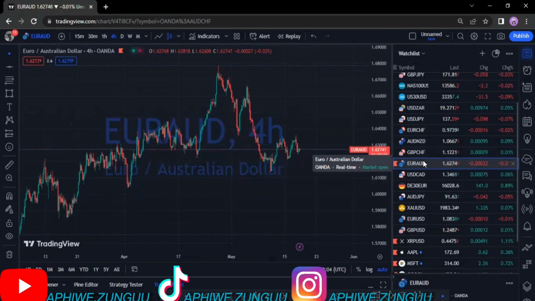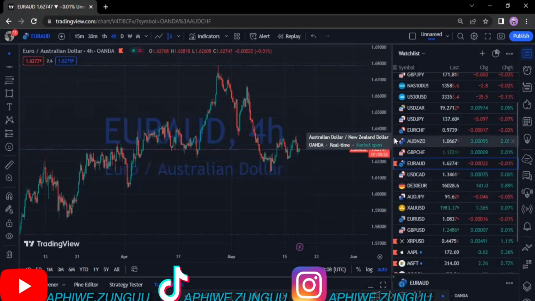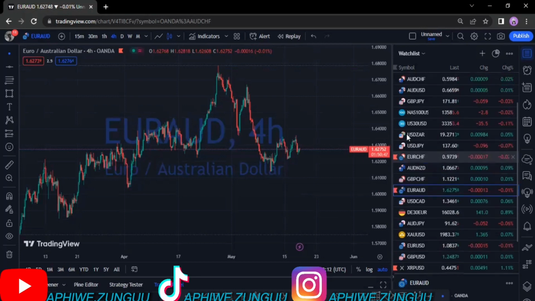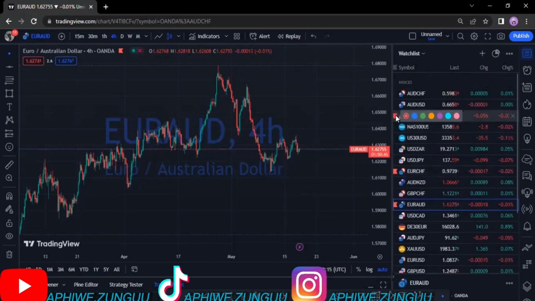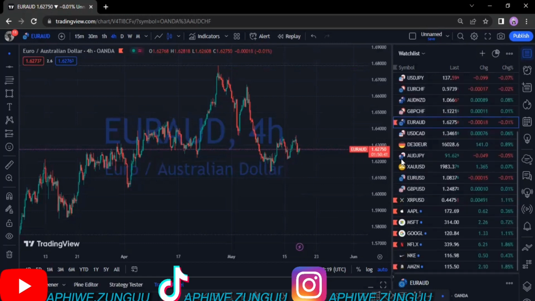So my other pairs are probably USDCHF and GBP JPY. Those are the pairs I use when growing a small account, so I'll be teaching you the small account approach.